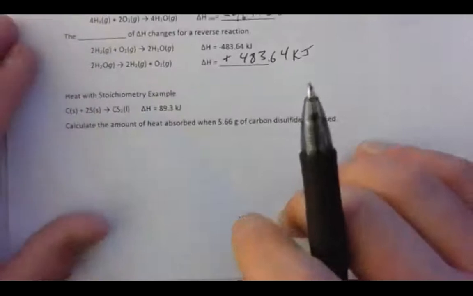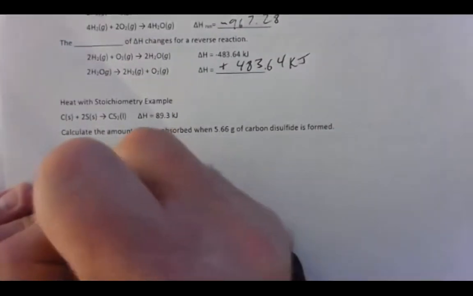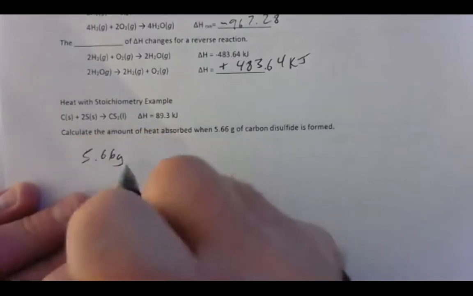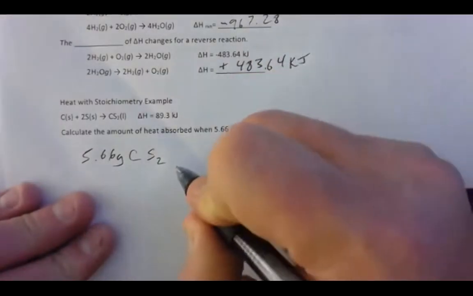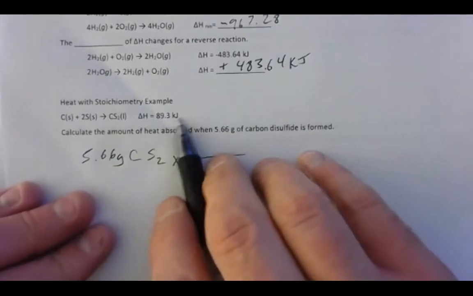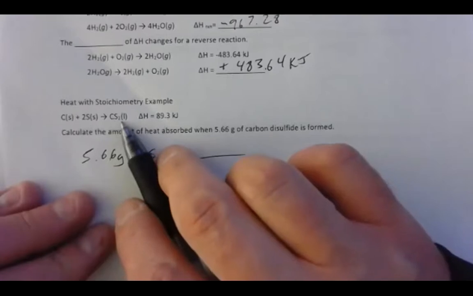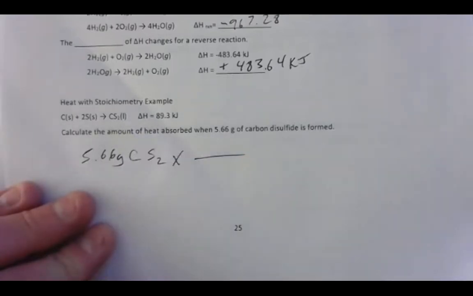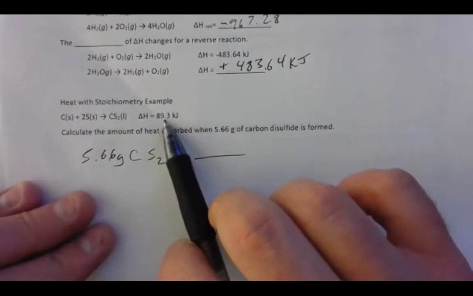So the easiest way to do problems like this, it says calculate the amount of heat absorbed when 5.66 grams of carbon disulfide is formed. Right? Well, it says that 89.3 kilojoules are absorbed every time 1 mole of carbon disulfide is formed. So what do I have to do to this in order to use this?